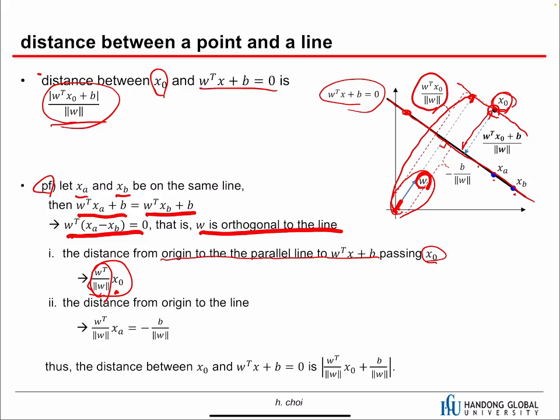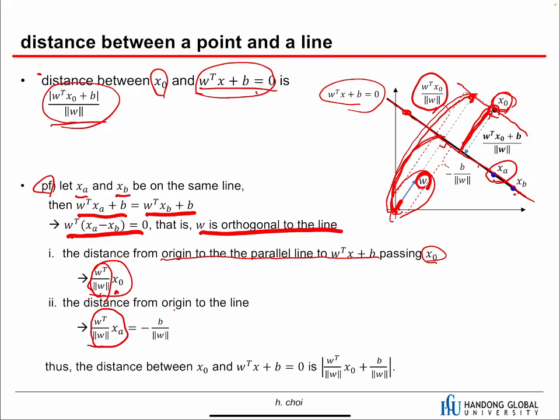And then what we are interested in is this distance. So we have to calculate this one, because since we have this one, now we have to calculate this one. Okay, then the distance from the origin to the line, let's say we have xa on the line, so we can get this one. And as you know, this one is this line.